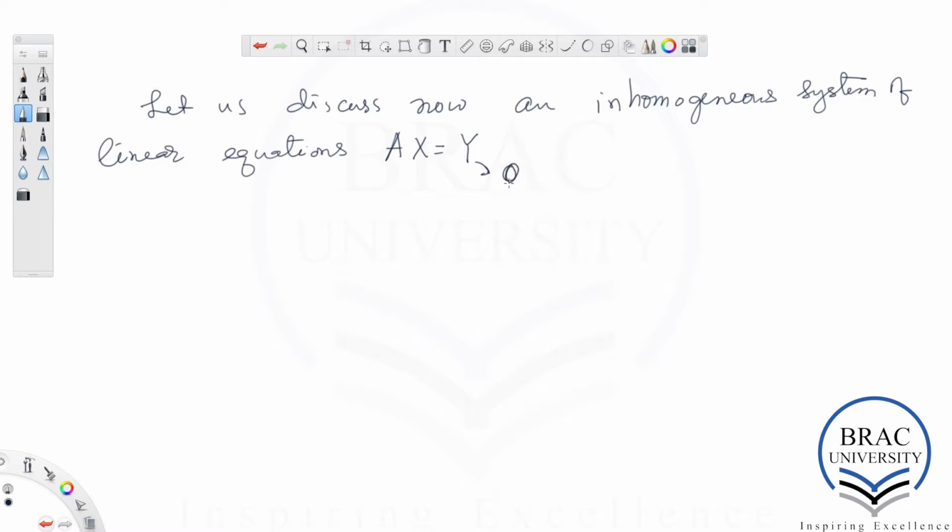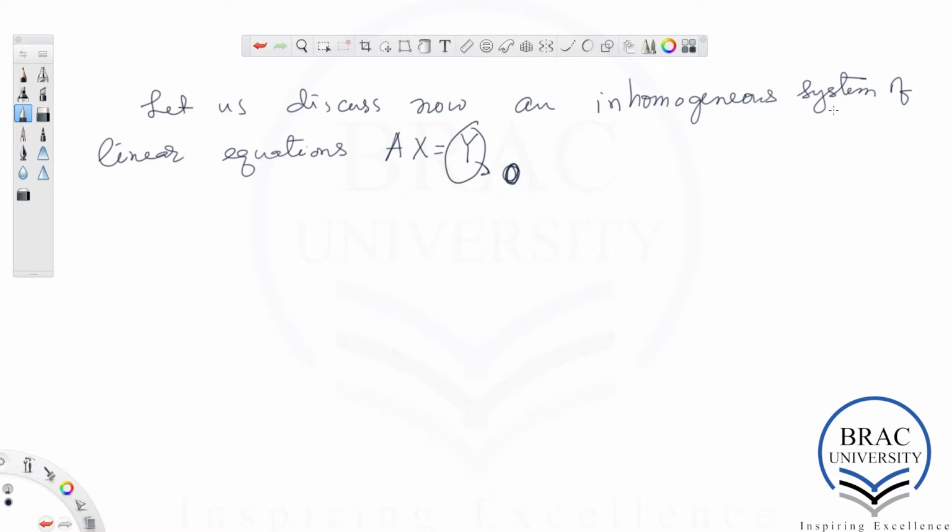Previously this was the 0 column vector for the homogeneous system. Now it's not in general a 0 column vector, it's y. And such a system is called an inhomogeneous system of linear equations.